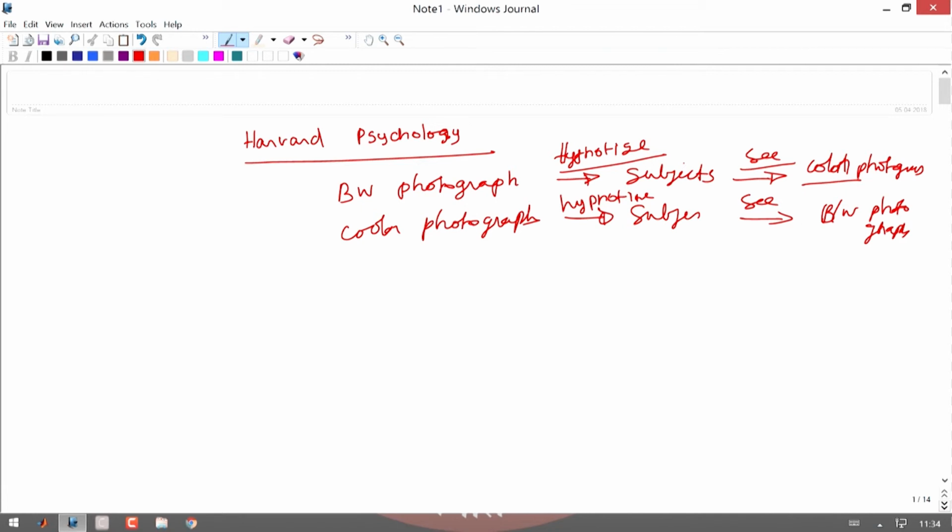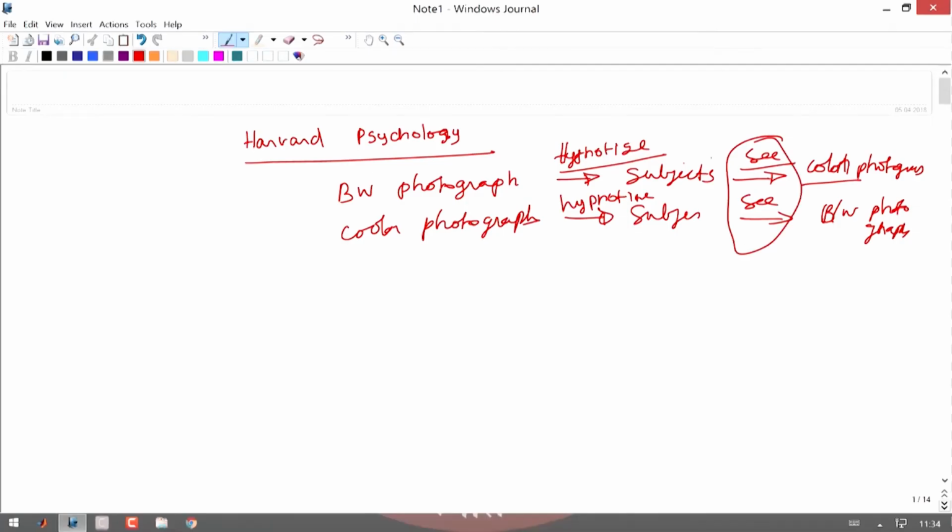The physical stimulus may not be what we are actually seeing. So, without any input stimulus, it is possible to make the subject see color photographs or black and white photographs.